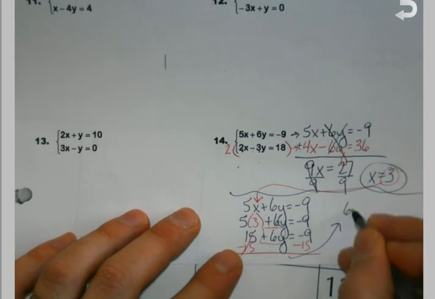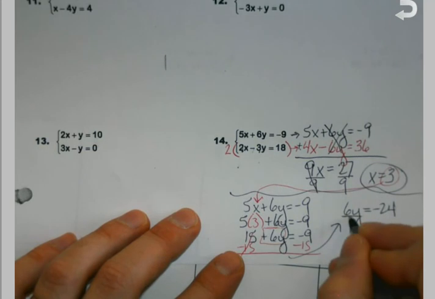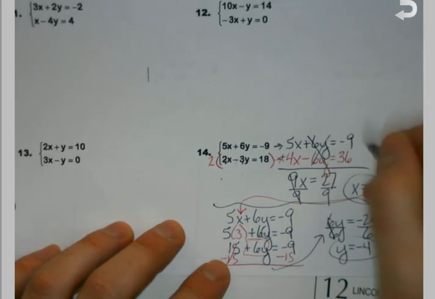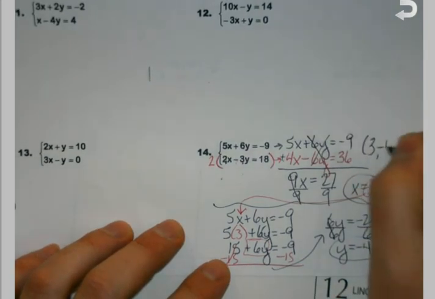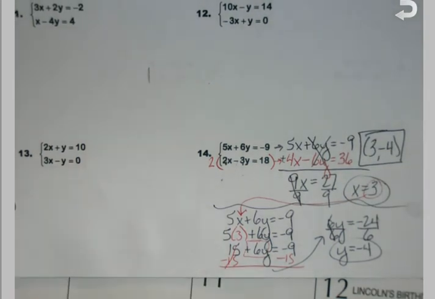So I have 6y left on this side since the 15's gone. Divide by 6. Just enough room. And I'm set.